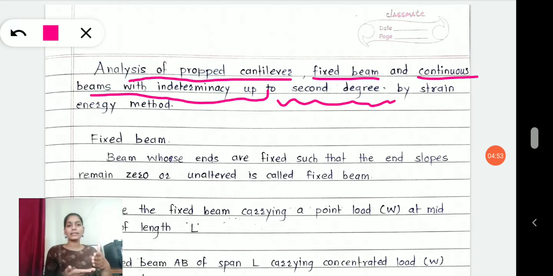Every engineer thinks differently and solves it differently, right? Accordingly, scientists have developed many ways to solve these indeterminate structures, out of which what we are studying in this unit is the strain energy method, the approach in which we will take help of the strain energy concept and go ahead.